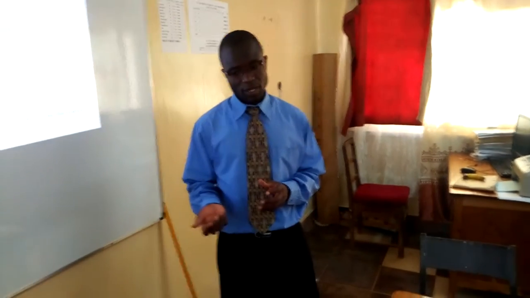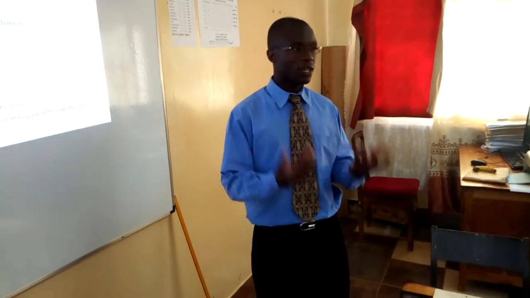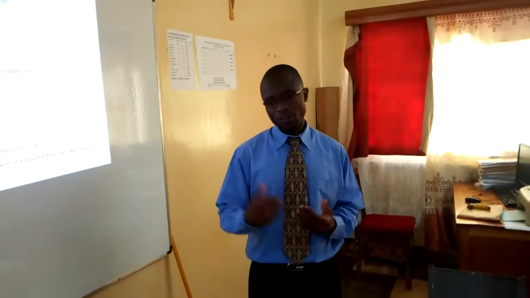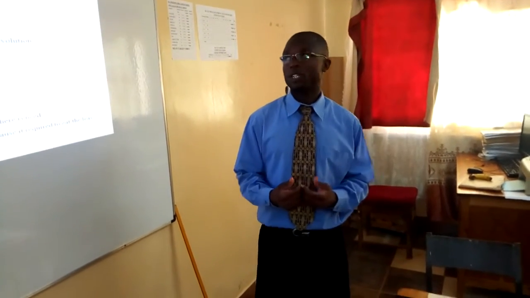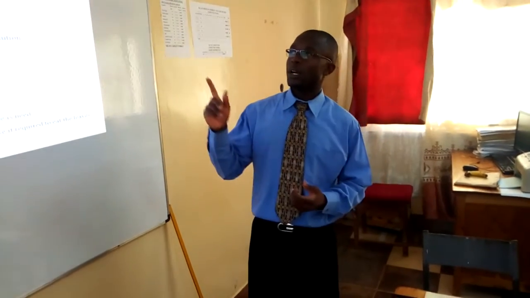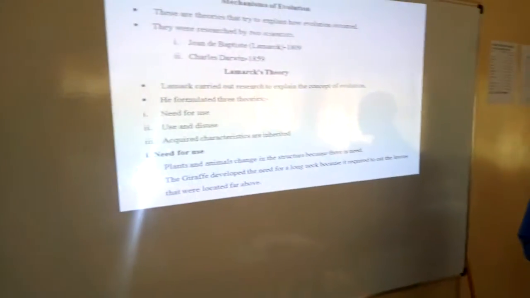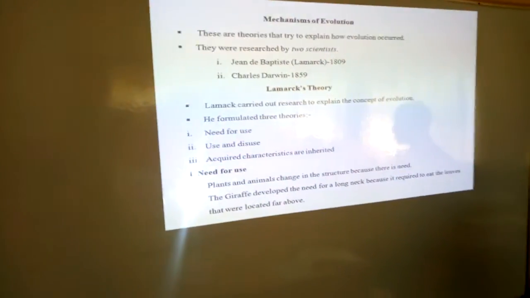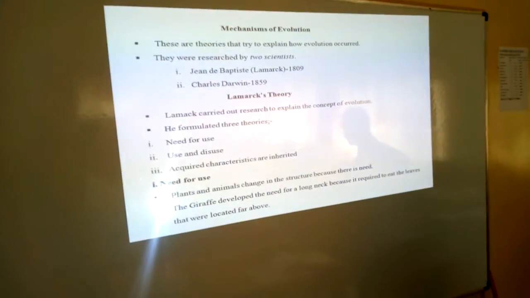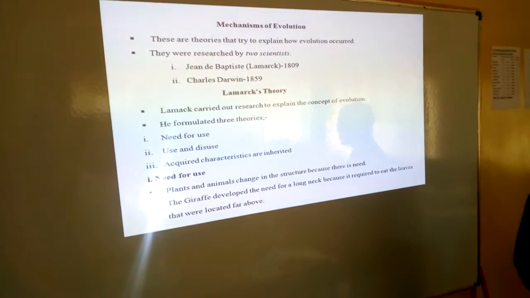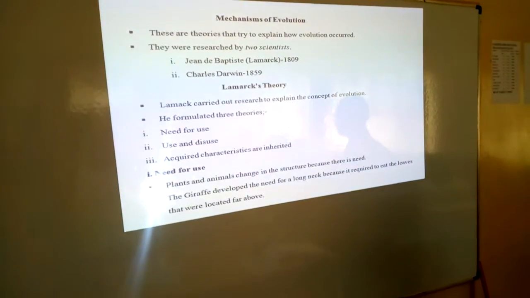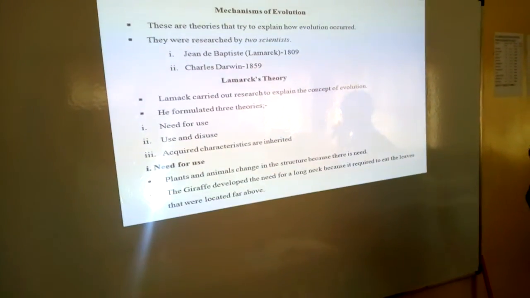Theories are formulated by people who ventured into research and came up with the information. Under evolution, we have two revered scientists. The first one is Jean-Baptiste, commonly referred to as Lamarck, who did his work in 1809.